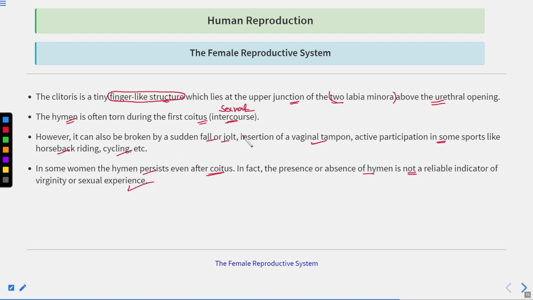But you can see the hymen can be broken due to some other reasons also, such as a sudden fall or jolt, the insertion of a tampon, and active participation in some vigorous exercises and sports. But in some cases, the hymen can also persist even after sexual intercourse. So that's why the presence or absence of the hymen is not a reliable indicator of virginity or sexual experience.